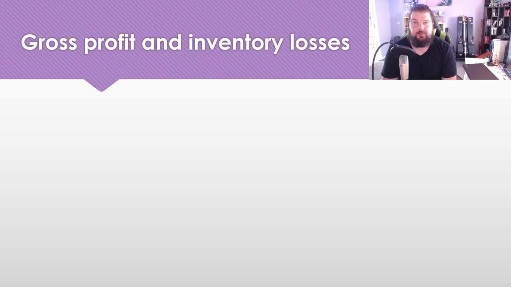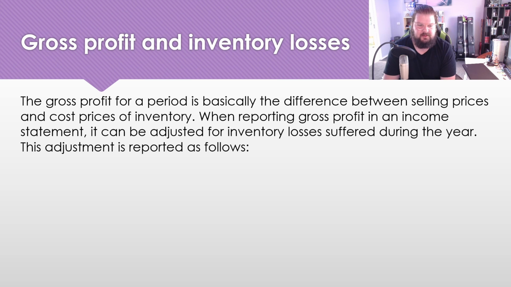We also have to note that we're going to sometimes have inventory losses or gains, and this gets reported along with our gross profit to give us our adjusted gross profit. Okay, because it's once again an expense or a revenue that is directly related to the buying and selling of inventory. So in the case of an inventory loss, it'll look like the following.